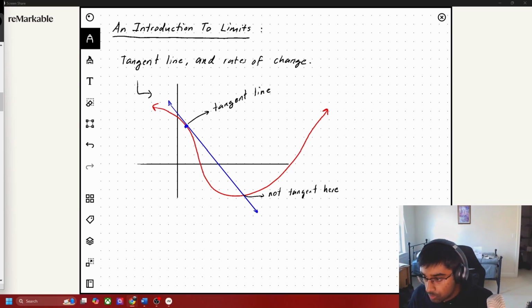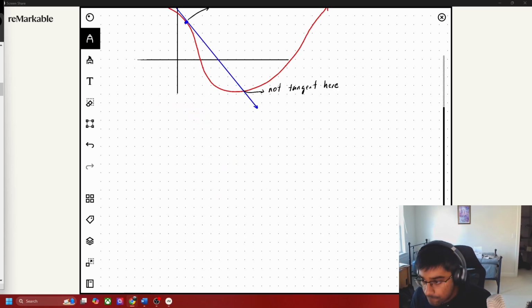All right, with that knowledge now, let us try to find the tangent line for this function.